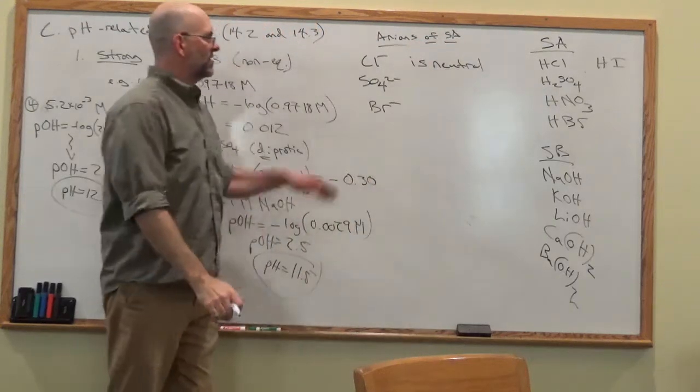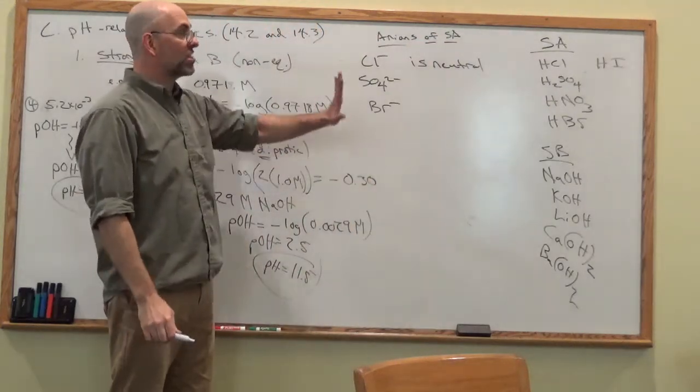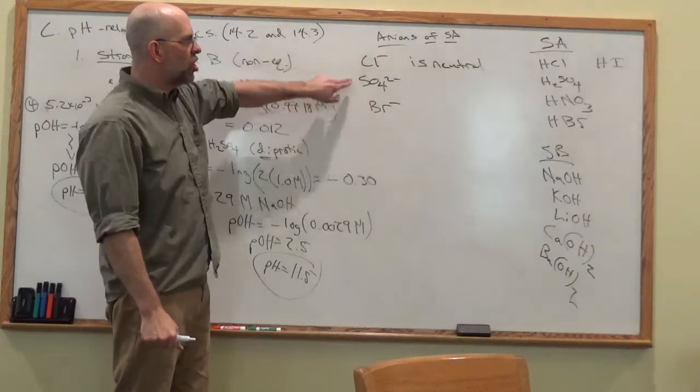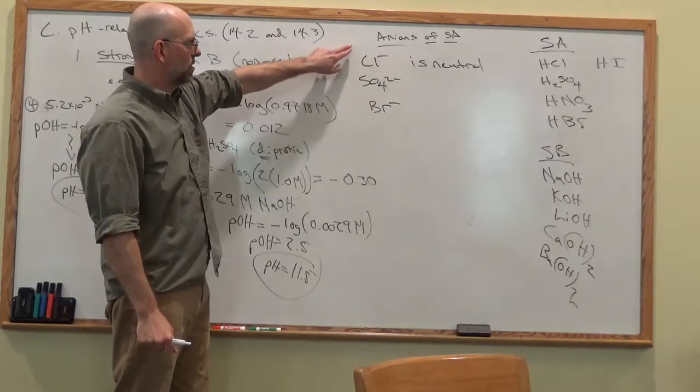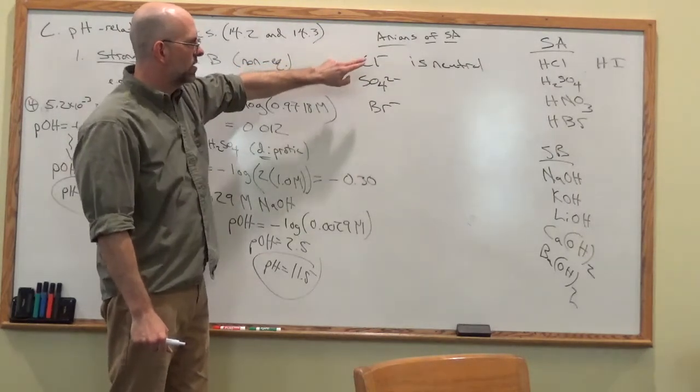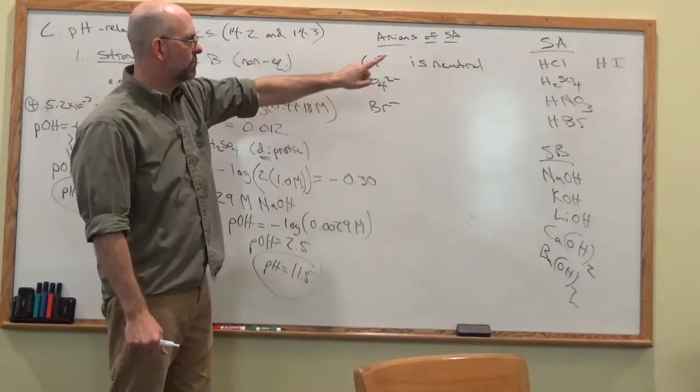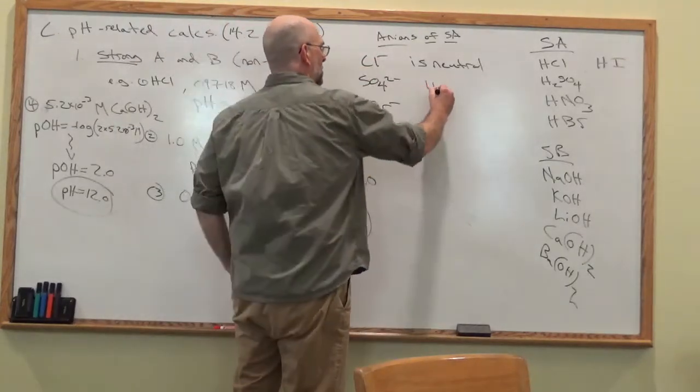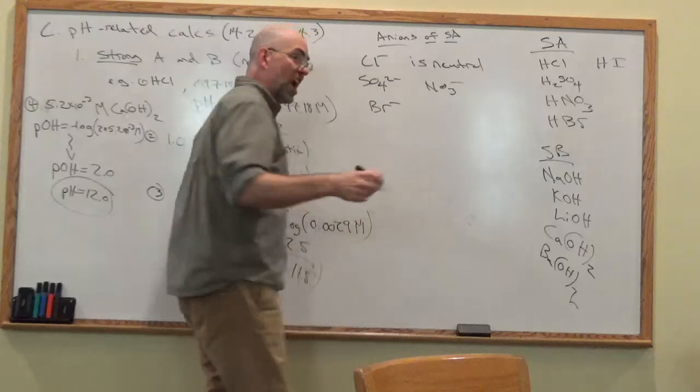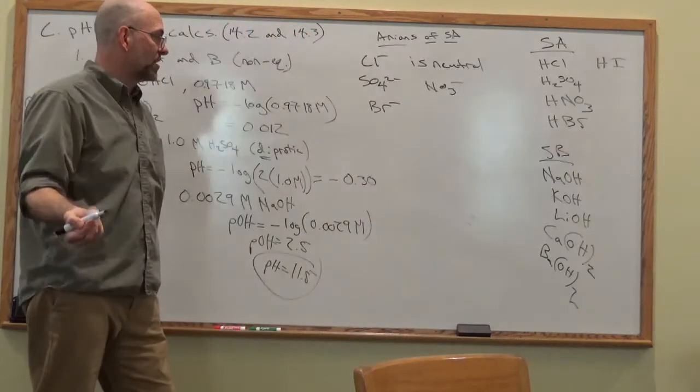What that means is that the spectator ions have no acid-base properties. So chloride, iodide, sulfate, nitrate, all of these do not have any acid-base properties.